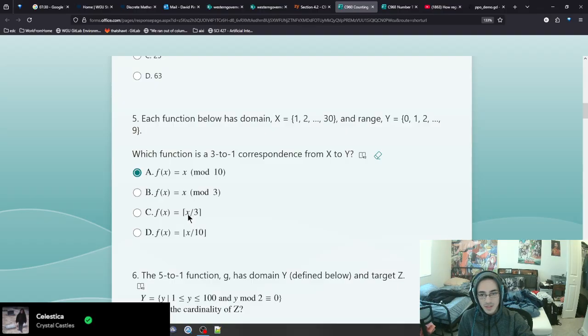This is the ceiling function. Oh, what if it's this one? Wait a minute. Ceiling function. Maybe it's the floor function. Is the good one. I don't know if I even have that on my calculator.